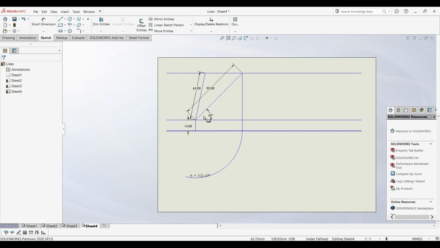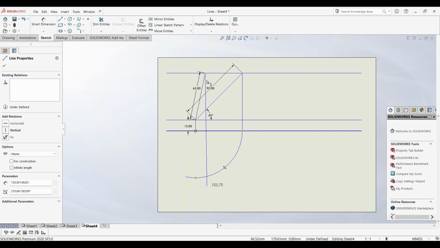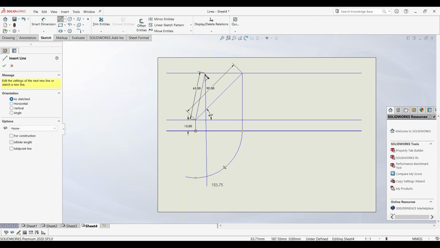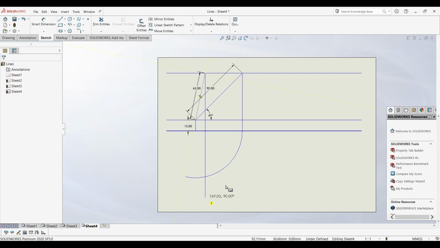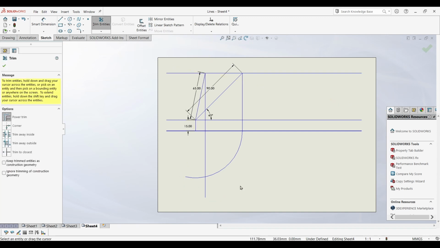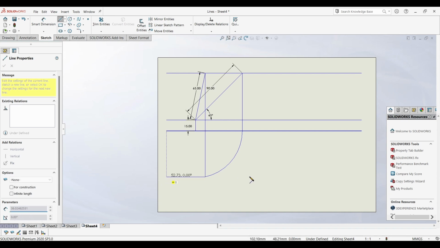After doing that, we drop a perpendicular from this point to here, and wherever it is intersecting, that is going to be the locus of V. So let us trim this from this point here to here.